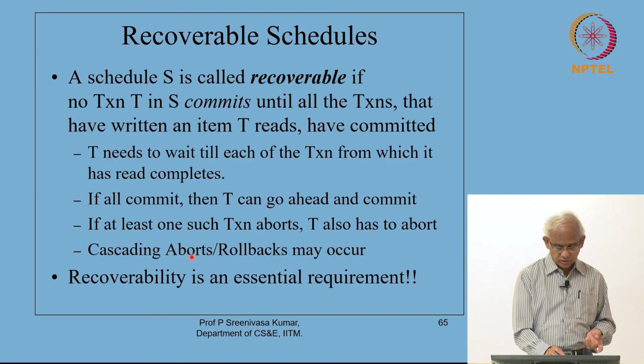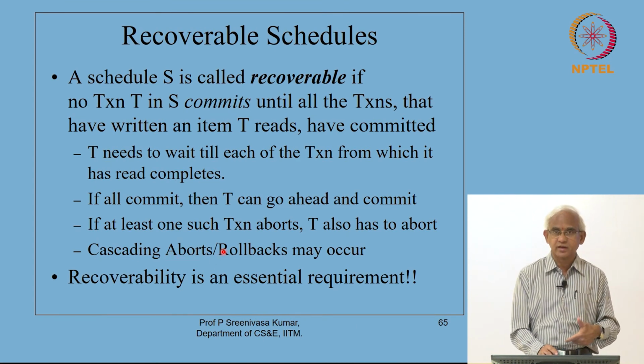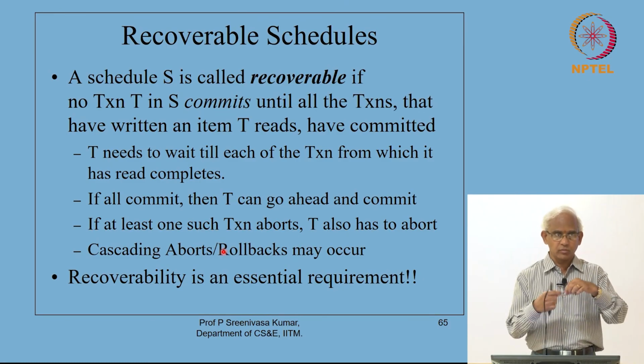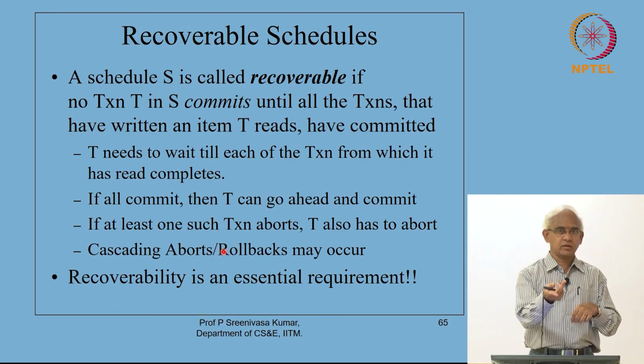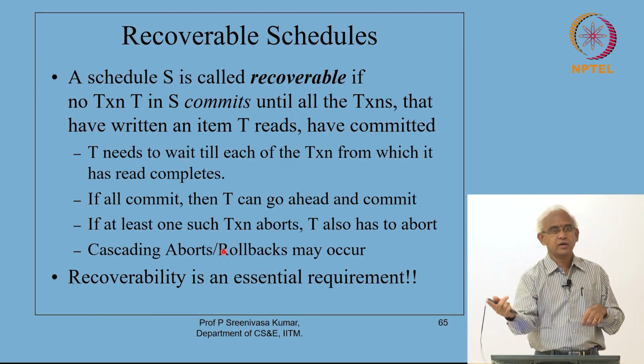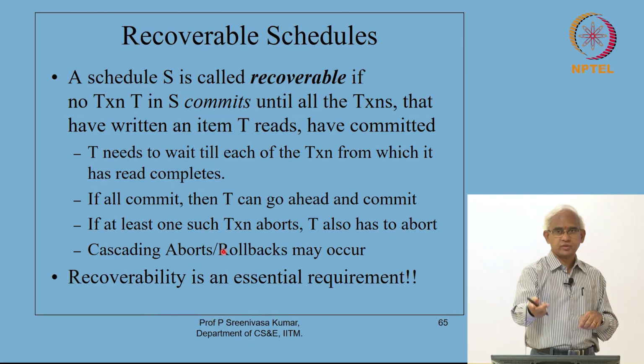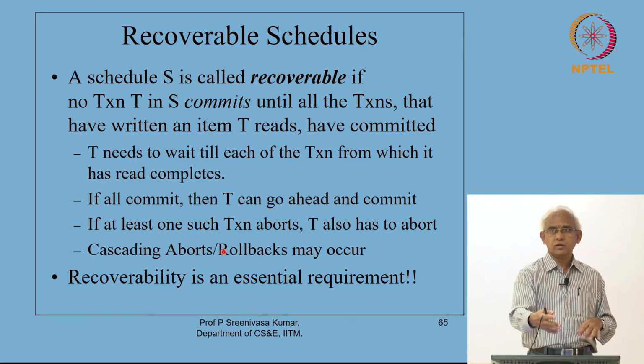In such situations, what happens is called cascading aborts, or cascading rollback. Because of the rollback of one transaction, some other transaction will have to be rolled back, and because that transaction is getting rolled back, maybe some other transaction has read some item that has been changed by this fellow, so that one also has to be rolled back. A sequence of transactions may have to be rolled back.